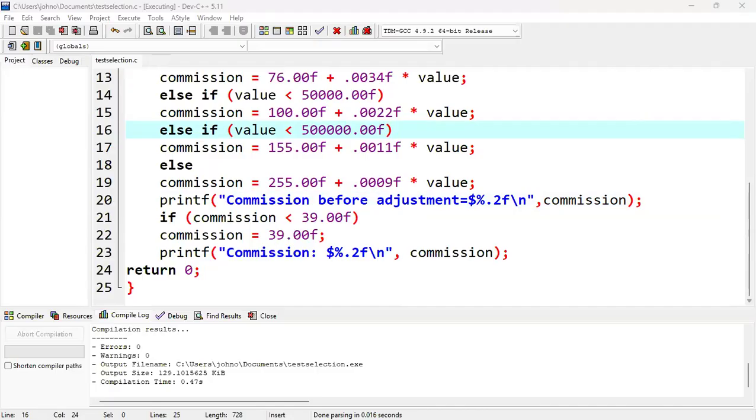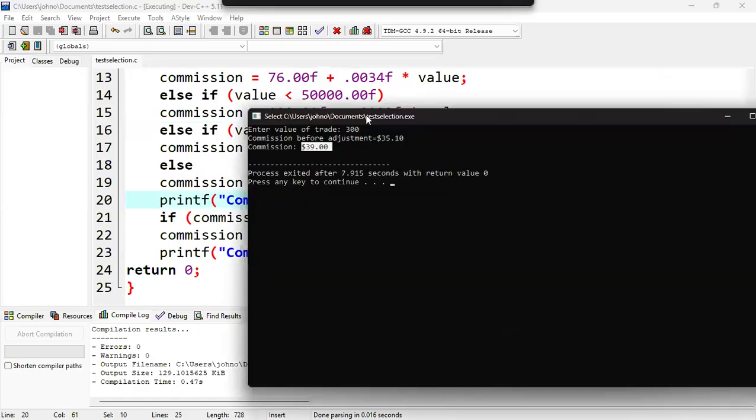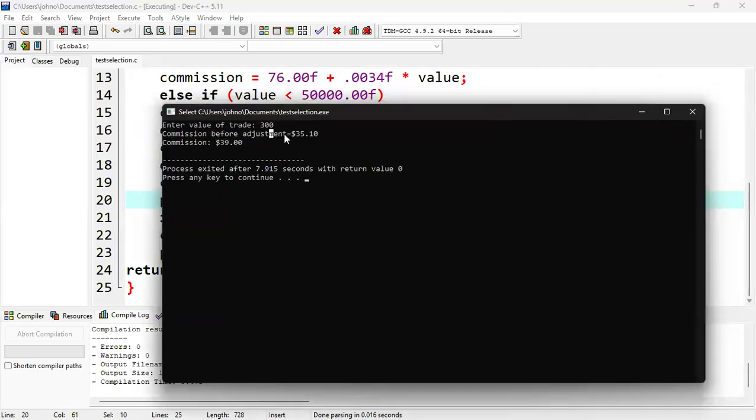So commission before adjustment is 35.10, but after adjustment, we returned it back to 39. So here we can catch. Oh, I didn't put it on the screen. I'm sorry. So commission before adjustment is 35. After adjusting, it becomes 39. So this way, we are very sure that the stockbroker would not earn less than 39.